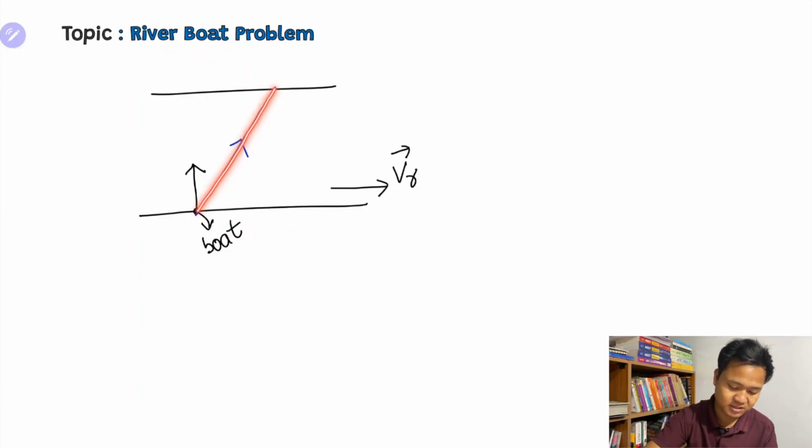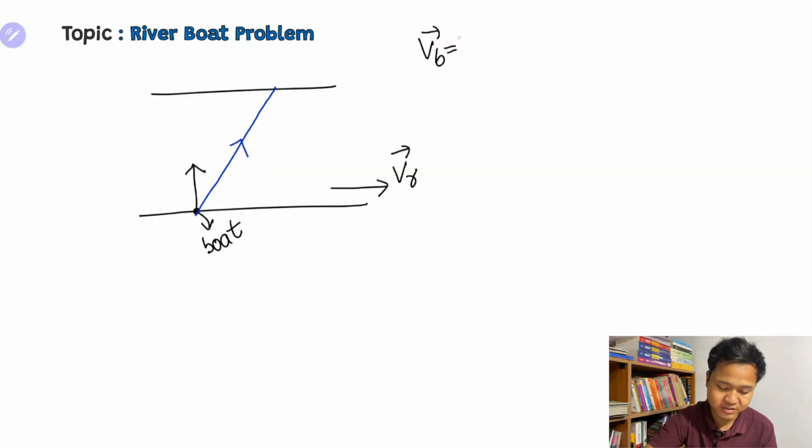The river drags the boat, so from the ground you will see the boat path. You will go along this path. Then tell me, what is the velocity of boat? When we say velocity of boat, this is with respect to the ground.